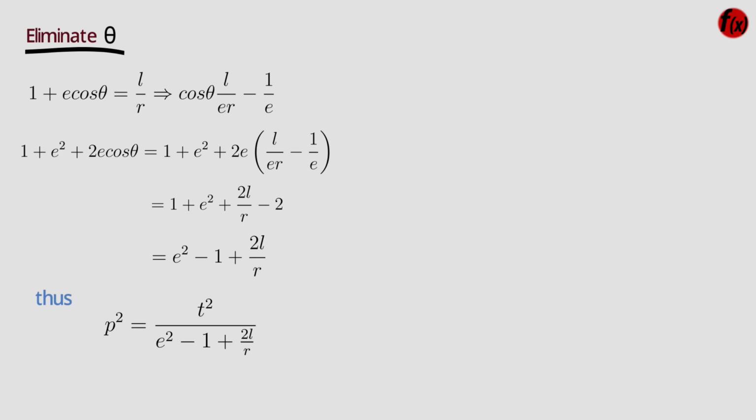Multiply both sides by the denominator and replace r by the polar radius variable, or keep r as the original radial distance.